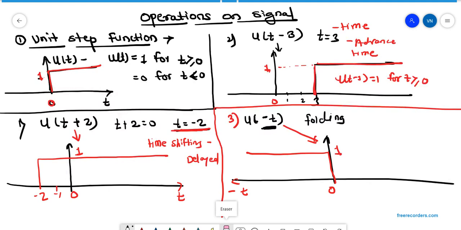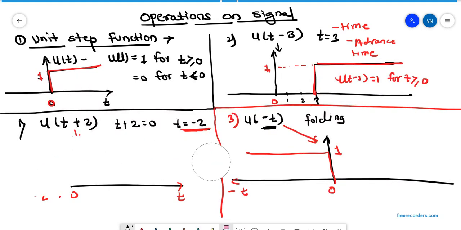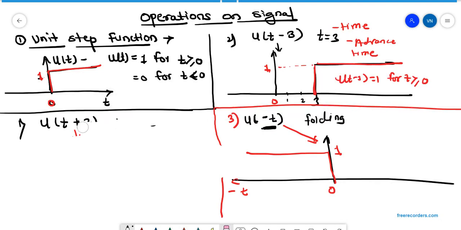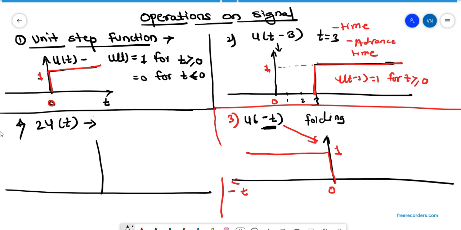Next, if I have to draw another operation, for example, if I take 2 into u of t, what is the meaning of this operation? The meaning of this operation is that I have to amplify my amplitude.